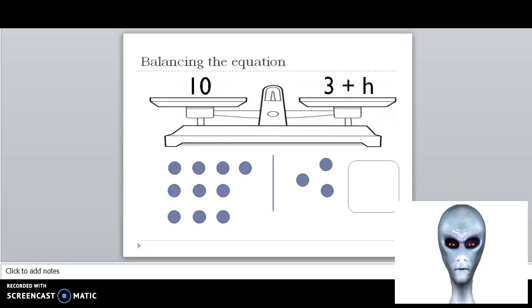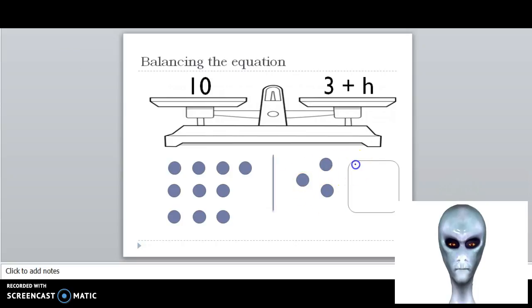Let's look at this example here. If you notice, my variable is on the other side of the scale. 3 plus some number has to balance out with 10. So I have 3 circles here.